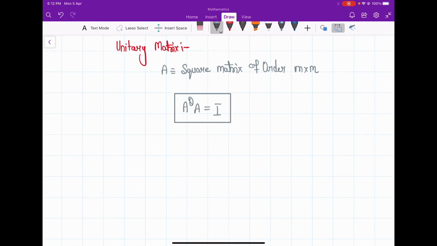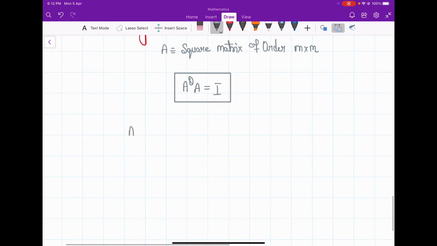The example will be: if you take A equal to 1 plus i divided by 2, minus 1 plus i divided by 2, next 1 plus i divided by 2, and 1 minus i divided by 2. This is a square matrix of order 2 cross 2.